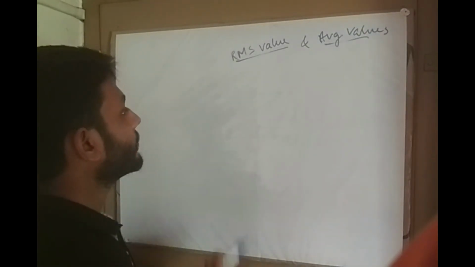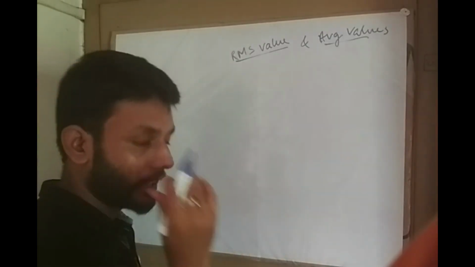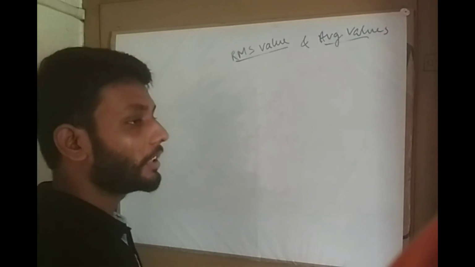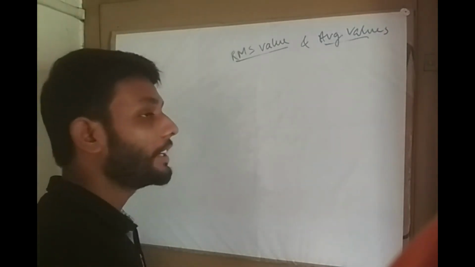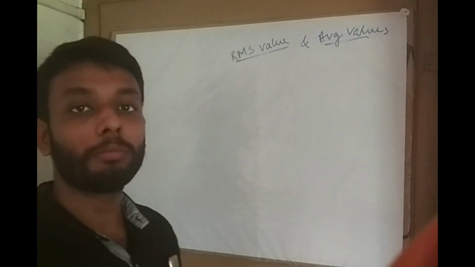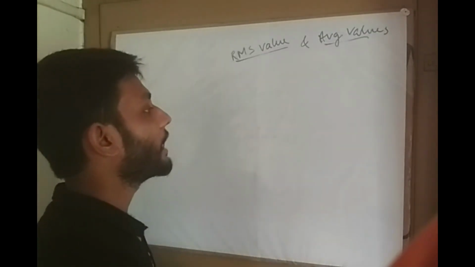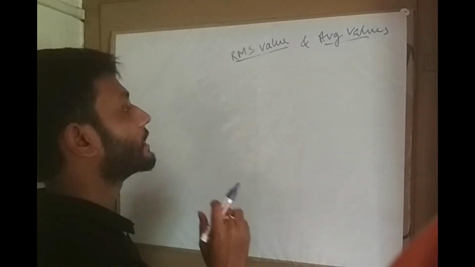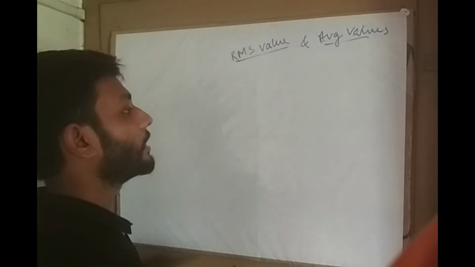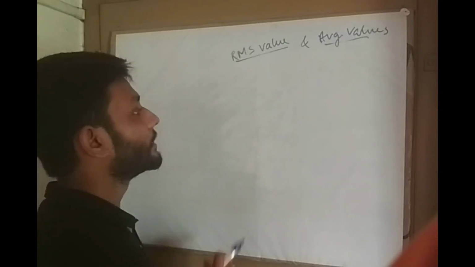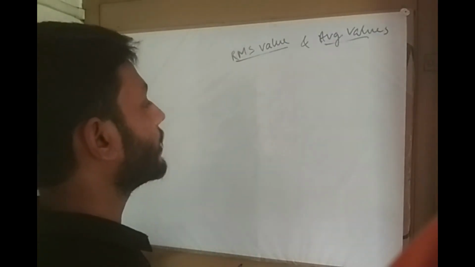So if in question there are any type of waveforms given, suppose in terms of sinusoidal waveform, rectangular waveform, or triangular waveform, whatever it is given, you can find out the answer within very short time. For that we will see the RMS value of different waveforms.